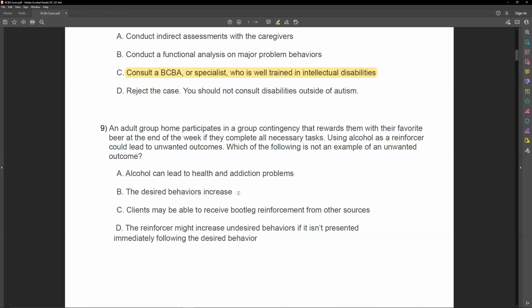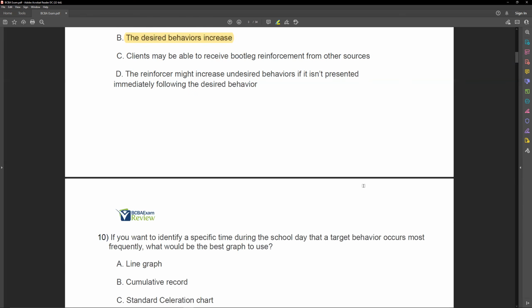Meaning, if this group contingency is working, but you're delivering reinforcement at random times, at the end of the week, you might be increasing undesired behaviors instead of the actual behavior you want to see. So the only example of a wanted outcome is the desired behaviors increasing.